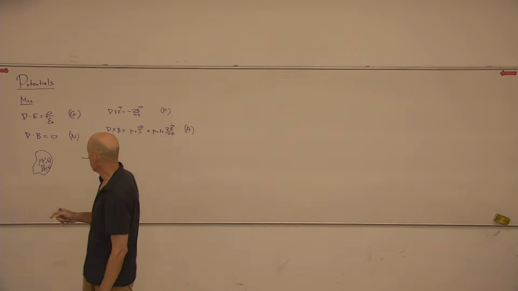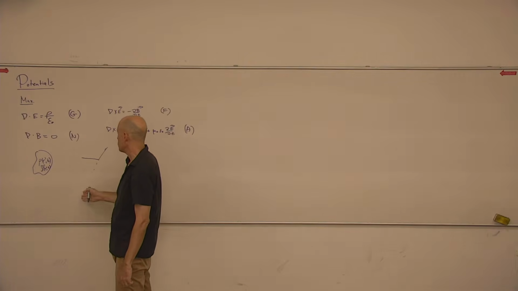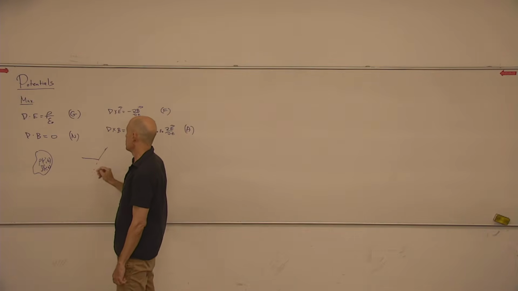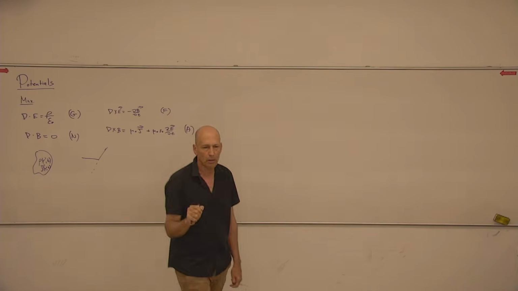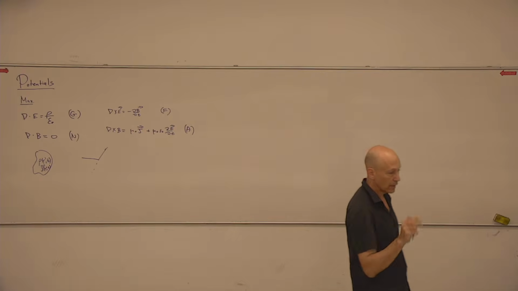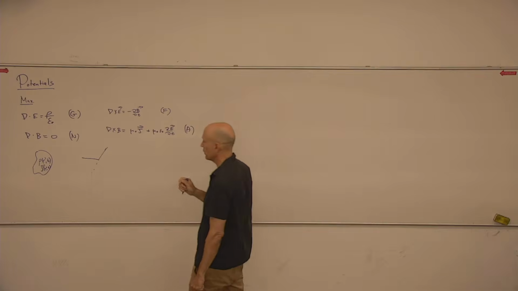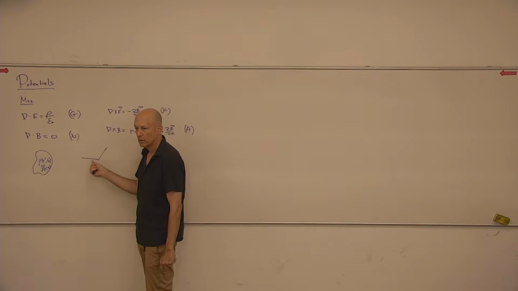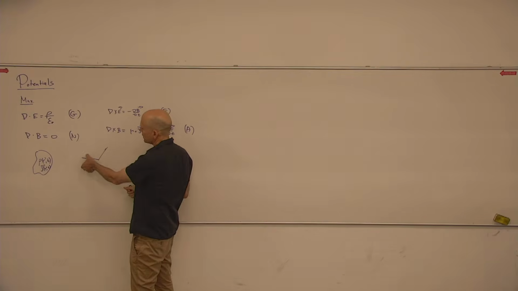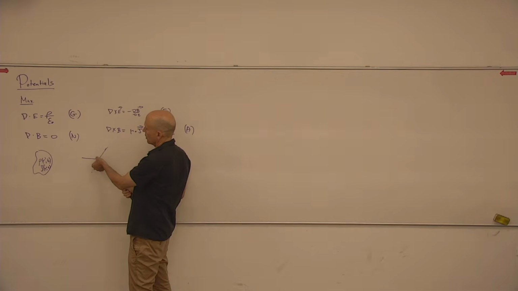The answer is that in these two problems, one is moving forever and one is starting its motion. The initial electric field at time t equals 0, and the initial magnetic field at time t equals 0, in these two problems are different. Because in this case, you start with B equals 0, and E just the Coulomb law.